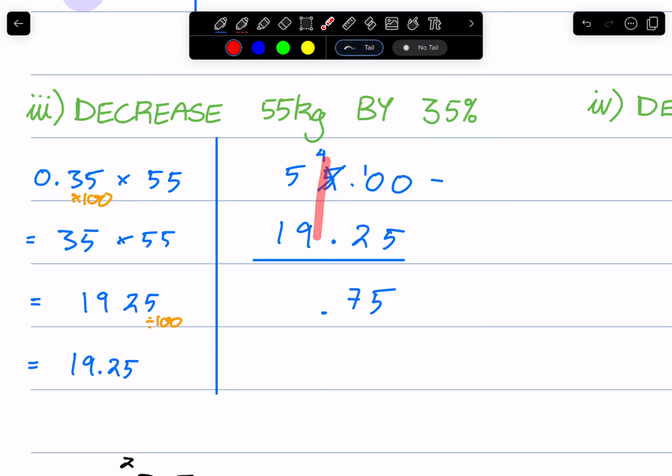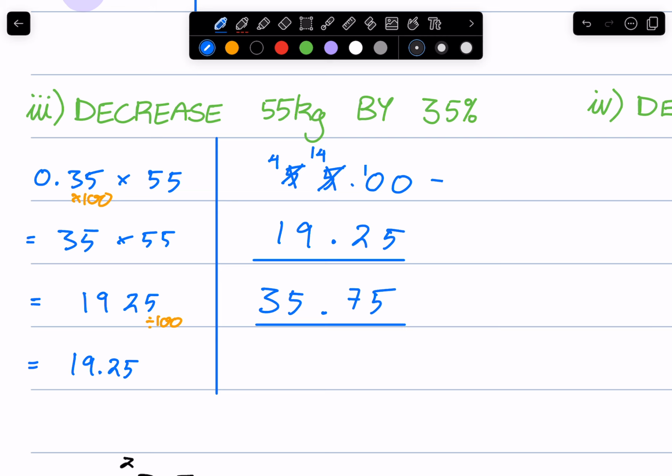And now then I continue. 4 take away 9. That can't be done. So I'm going to borrow again from here and treat this as if it were 14. 14 take away 9. It's going to be 5. Which leaves us with 4 take away 1. That gives us 3.